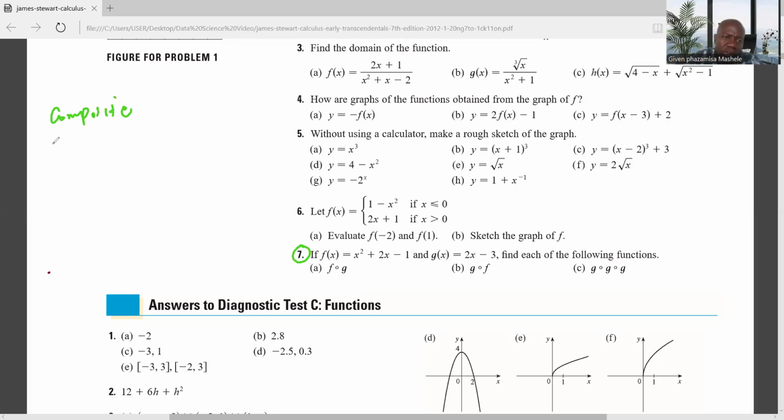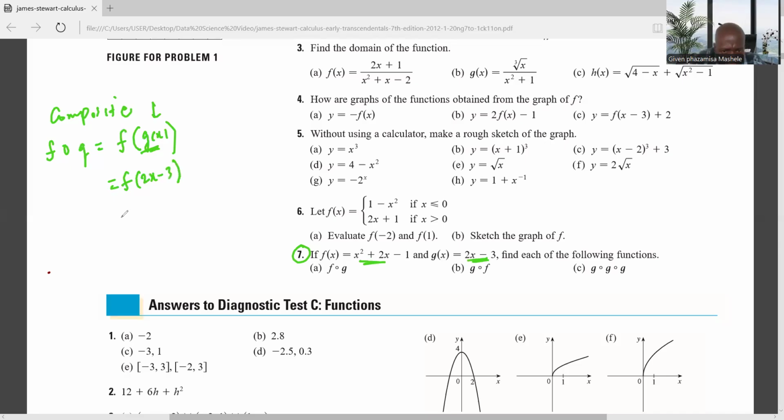So when we have something like f o g, this is the same as f with g of x inside it. So inside the f, you have to put g. For example, f is this one and g is this, so inside the f you're going to put 2x minus 3.